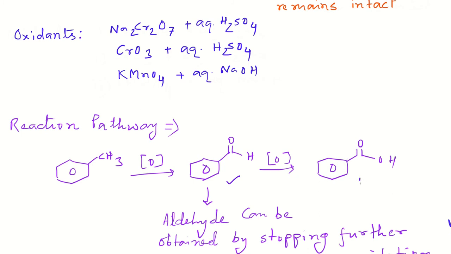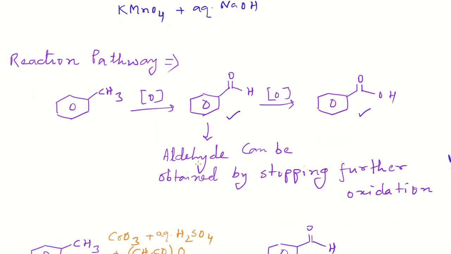Interestingly, if we control the oxidation reaction, then we can obtain the aldehyde as the sole product. Based on this hypothesis, there are reported procedures which deliver only the aldehyde as the product. First we will consider the oxidation of these aromatic hydrocarbons into the corresponding carboxylic acids.